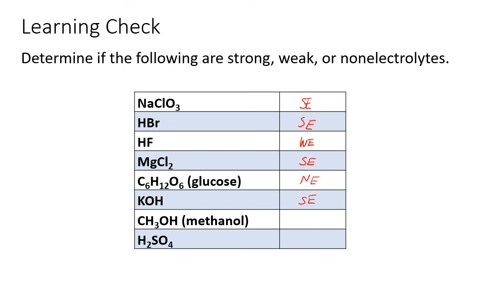Methanol, CH3OH, all carbon, hydrogen, oxygen. It's going to be a molecule, so it's not going to ionize at all. It'll be a non-electrolyte. And sulfuric acid, H2SO4, that was one of our strong acids, so this will also be a strong electrolyte.